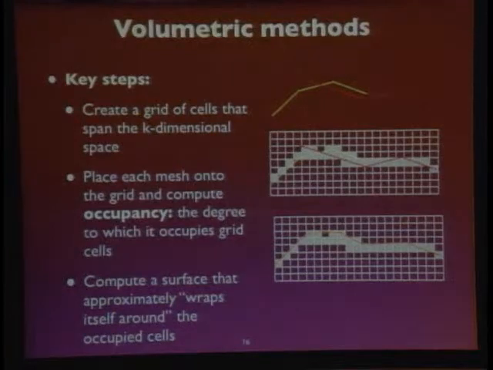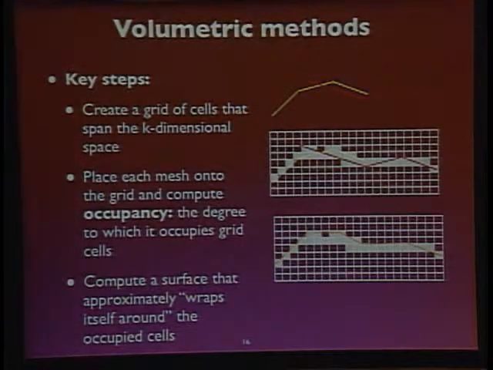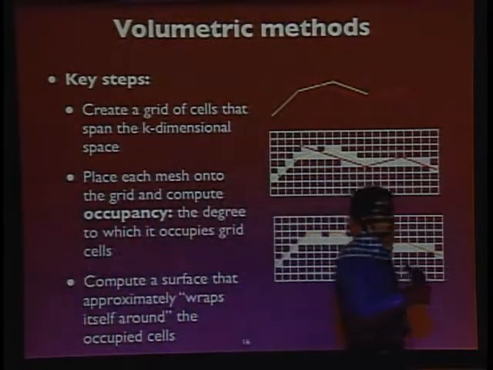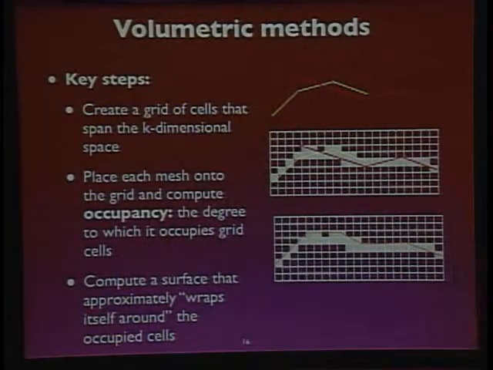So simply put, you are trying to figure out whether each cell in your grid is occupied or not. That sounds like a yes or no question, but you can actually make your algorithms more robust by trying to determine the probability that a cell is occupied or not, or the degree to which a cell is occupied or not.